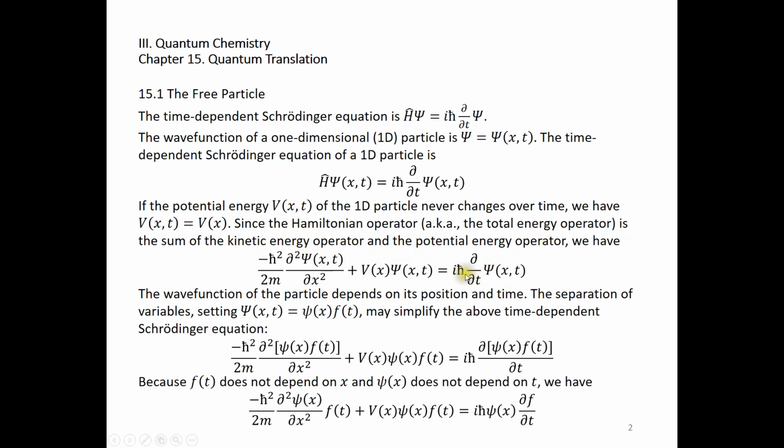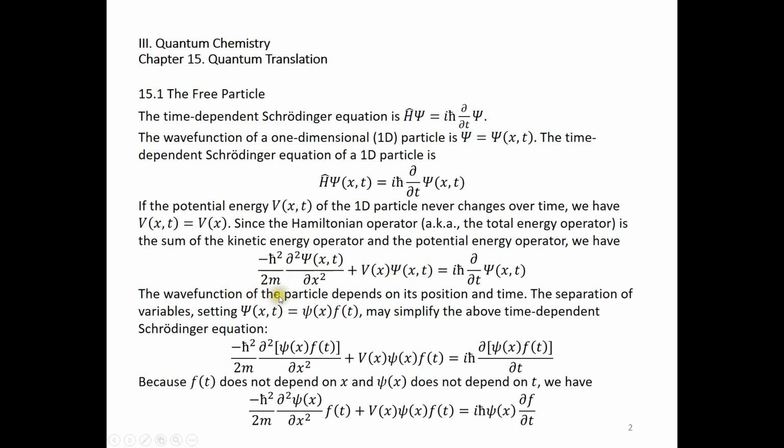On the right-hand side, we have iħ ∂ψ/∂t. On the left-hand side, we have simply the kinetic energy operator applied to ψ plus the potential energy operator applied to ψ.